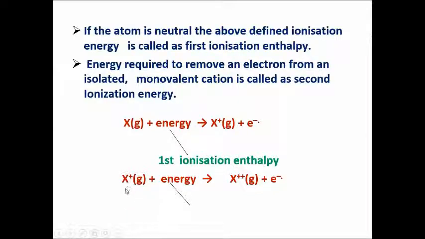From this, if one more electron is lost, we get X 2 plus, plus one electron. The energy required for removing an electron from a cation is termed as second ionization energy. So this way we can define the first ionization enthalpy and the second ionization enthalpy.